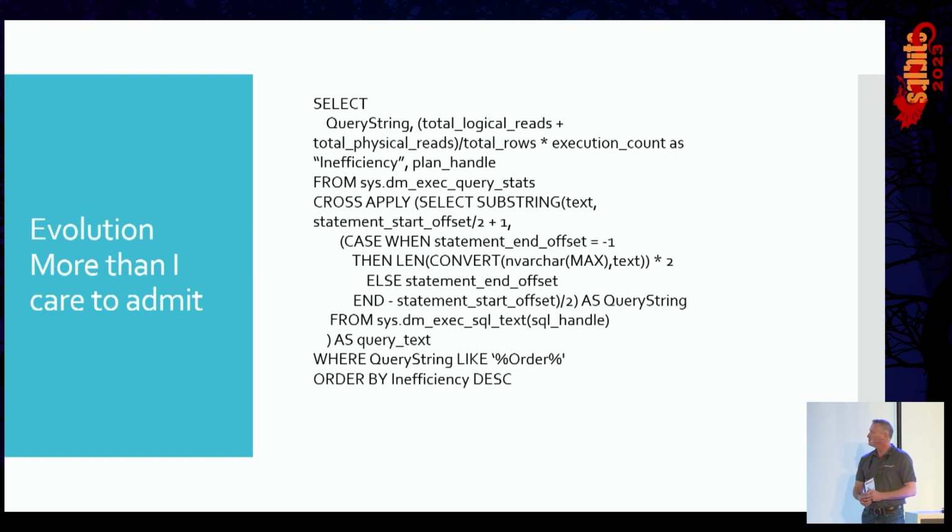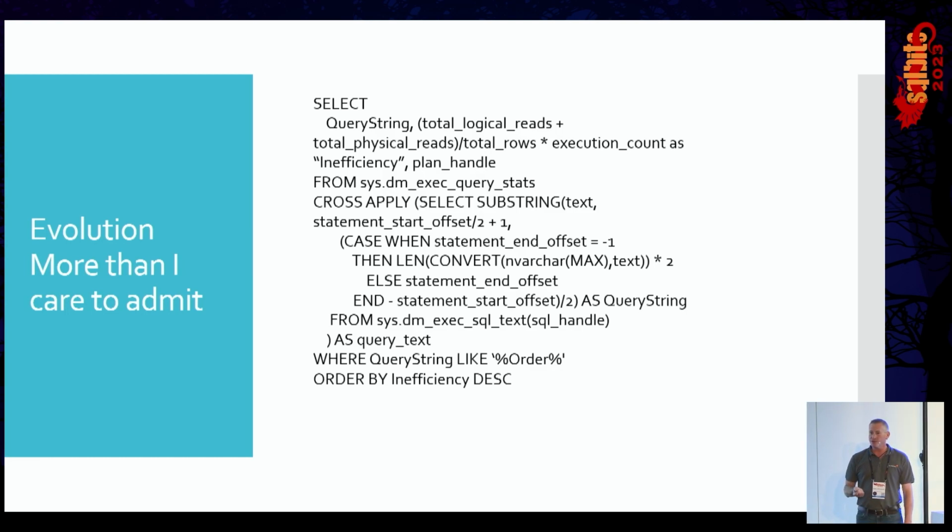Probably the simplest way to do it is to look at the very start of the select clause and what I define as my inefficiency factor. This is what I became a lot more happy with. My thought process was, what is the amount of work that SQL Server is having to do to answer this query? So I've got my logical reads and physical reads, divided by now the total rows, not the executions.